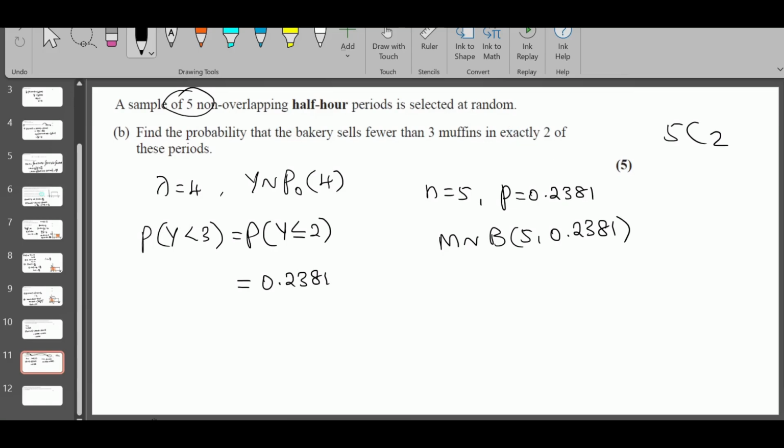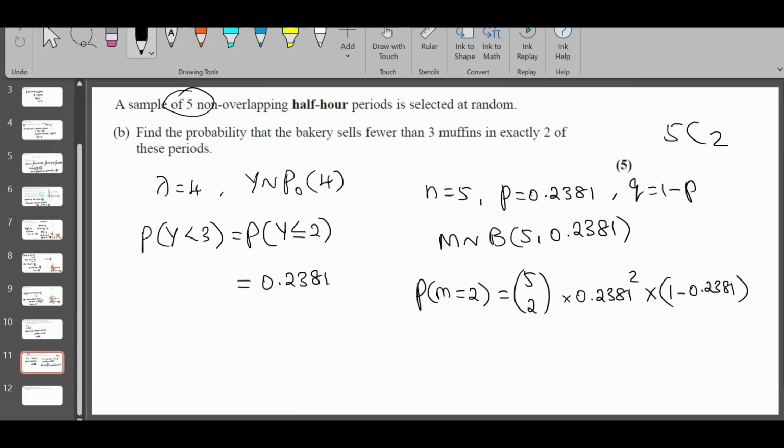So they want you to find exactly 2. So P of M is equal to 2 is, the formula is 5C2 times P to the power 2 times Q. Q is 1 minus P actually. 1 minus 0.2381 to the power of 5 minus 2.